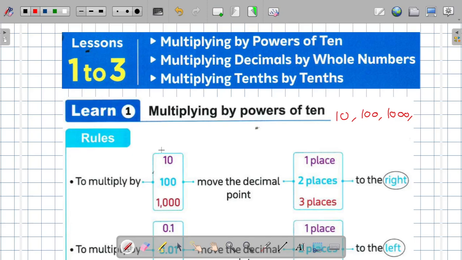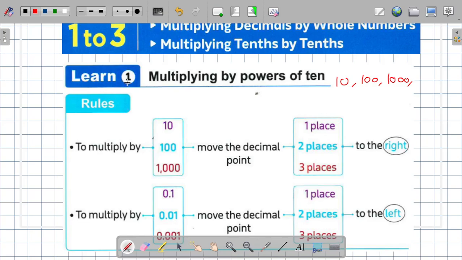Okay, so if I want to multiply a decimal number or just a whole number by these numbers, what can I do? If I want to multiply by 10 or 100 or 1000, I will move the decimal point one place or two places or three places to the right. But how? If I want to multiply by 10, I will move the decimal point one place. If I want to multiply by 100, I will move the decimal point two places.